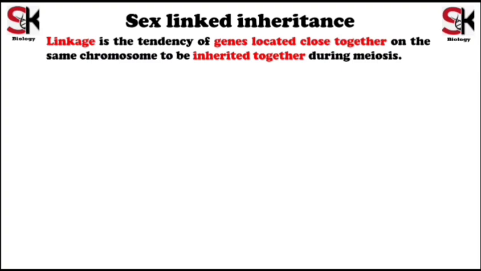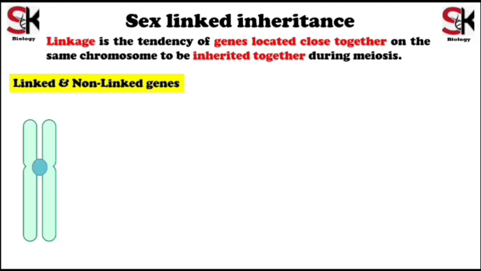First one is linkage. Linkage is the tendency of genes located close together on the same chromosome to be inherited together during meiosis. To understand this concept, look at this picture of chromosome on which 4 genes are present, which I have shown in different colors.